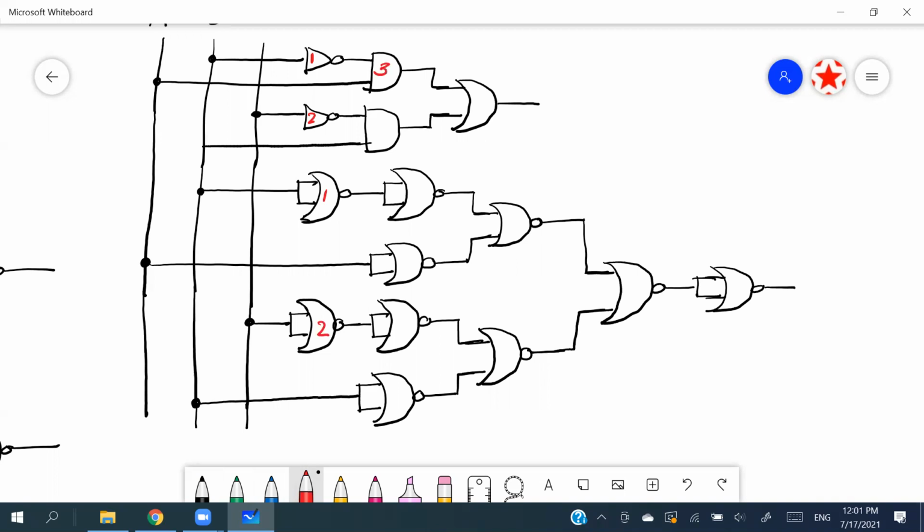So this is 3. So this is 3 and this is 4. These three things are 4. If this is 5, these two things represent that 5. Right.